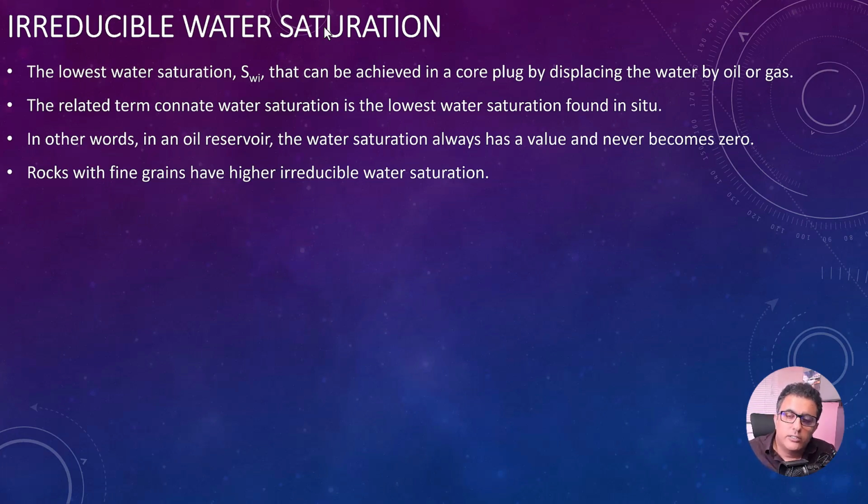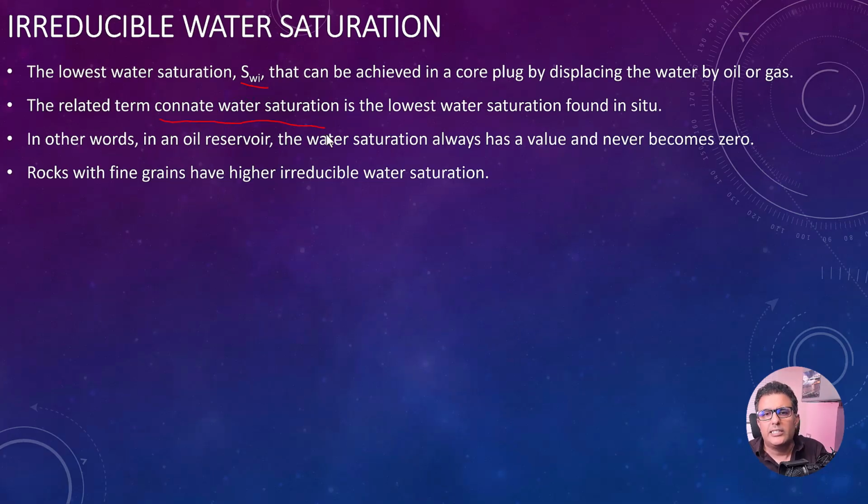Okay. So the hydrocarbon cannot displace all the water. It can displace a fraction of the water. And so the more hydrocarbon that is injected into the reservoir rock, the more water can be displaced. But it reaches a minimum value that we may call irreducible water saturation. Another related term is connate water saturation.